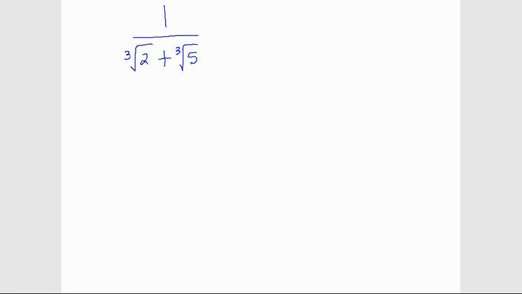There's a formula I can use, and here's what I have to multiply. So I have to treat this as an entire quantity. I want this cube root of 2 to eventually be 2, so why not multiply by cube root of 2 squared? Okay, great. I also want this cube root of 5 to be a 5, so I'm going to give myself some space, and I'll put cube root of 5 squared.